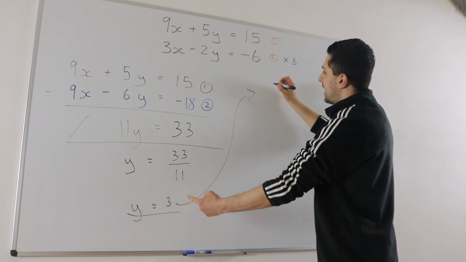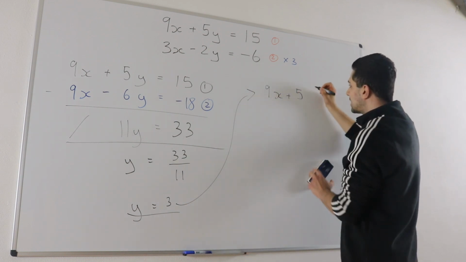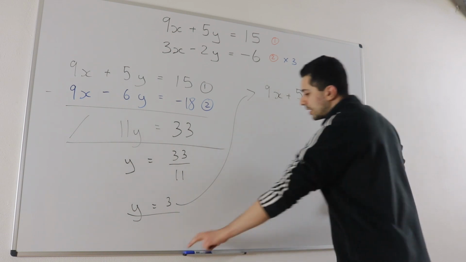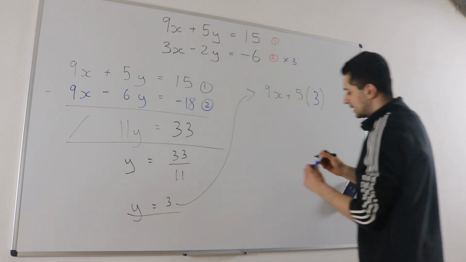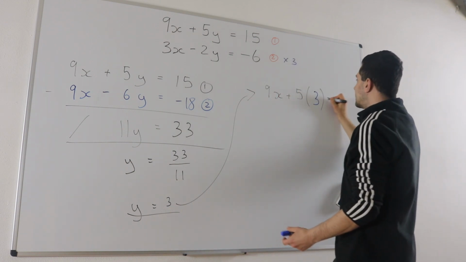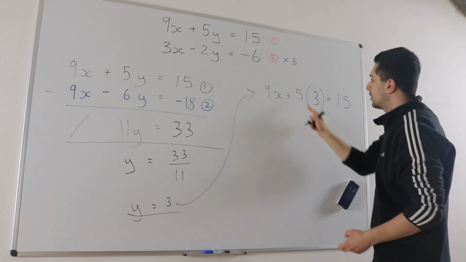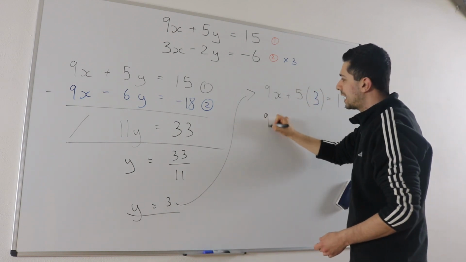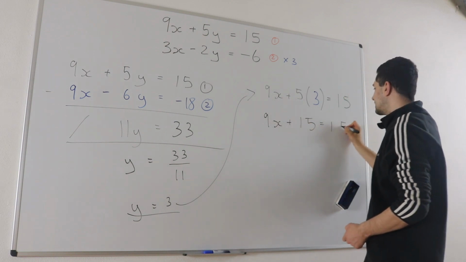So I have 9x plus 5, instead of y, I'm going to write number 3, because y is 3, equals 15. 5 times 3 is 15, so I have 9x plus 15 equals 15.